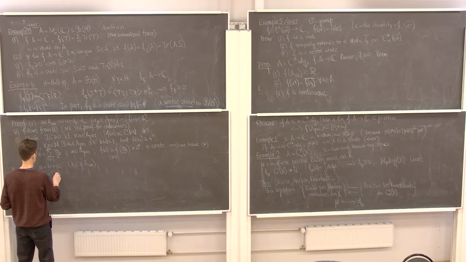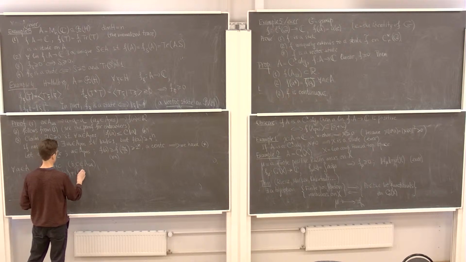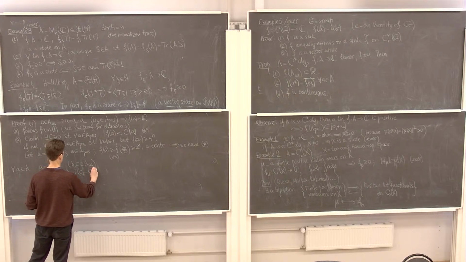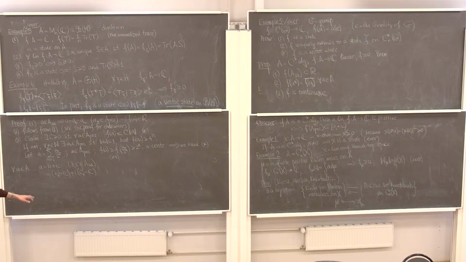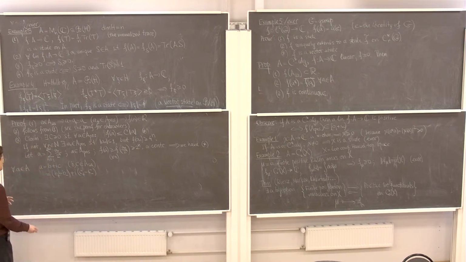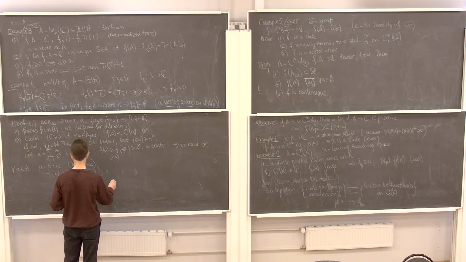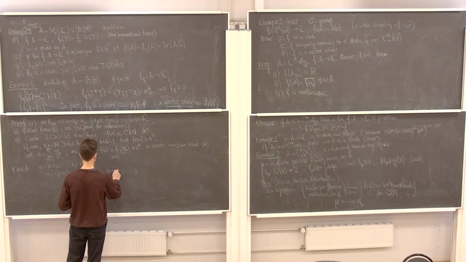And each of them is the difference of b plus and b minus, and c plus and c minus. Now, what is b? b is a plus a star over 2.